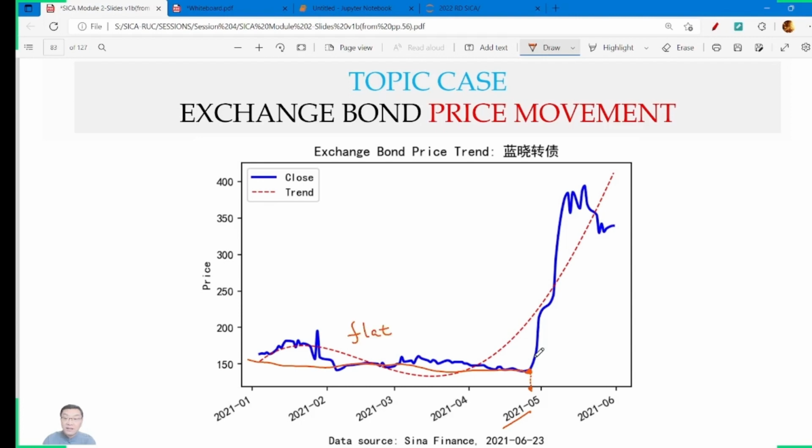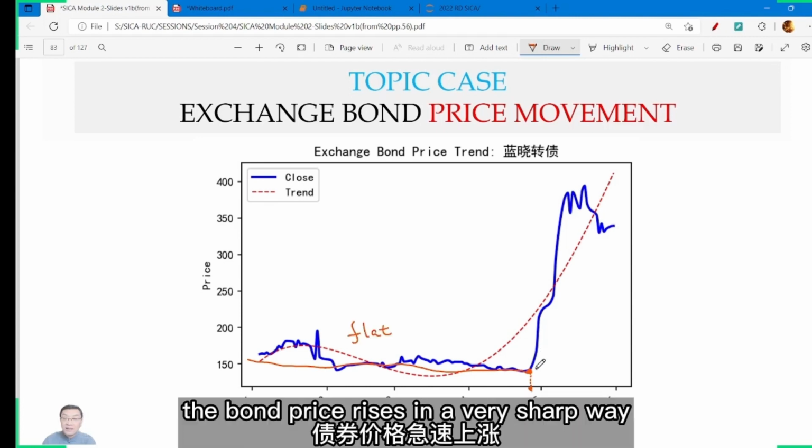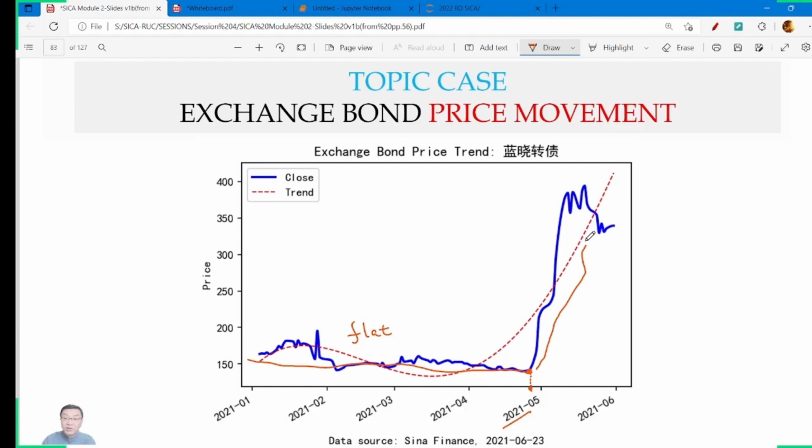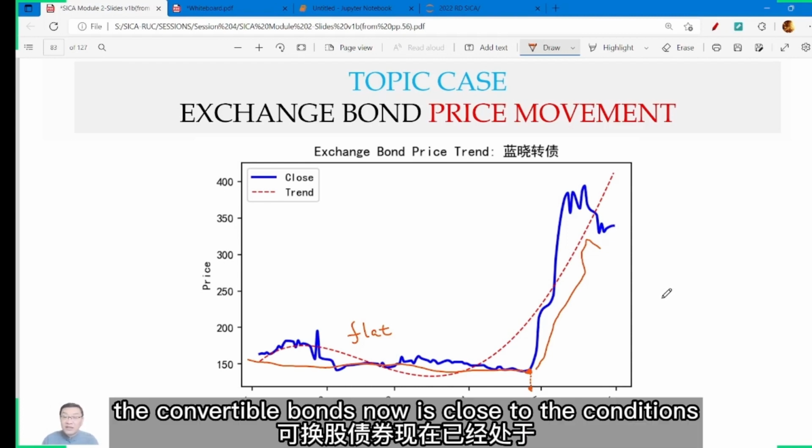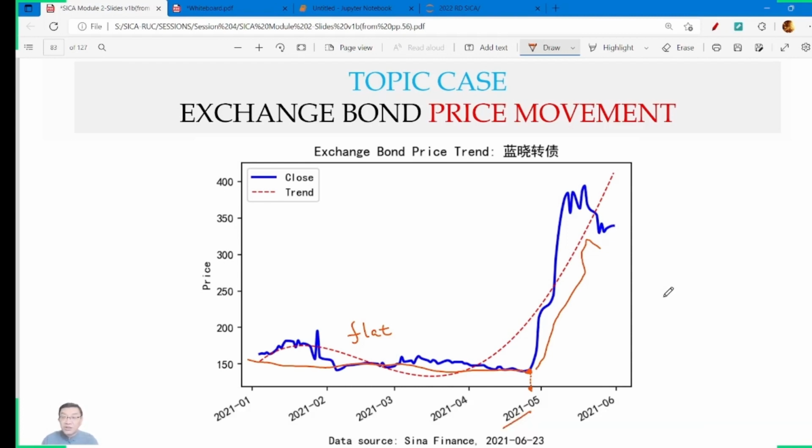However, after this time point, the bond price rises in a very sharp way. This usually means the convertible bond is now close to the conditions where we can convert the bond into stock, and at the same time, the bond issuer's stock price is in a good trend.